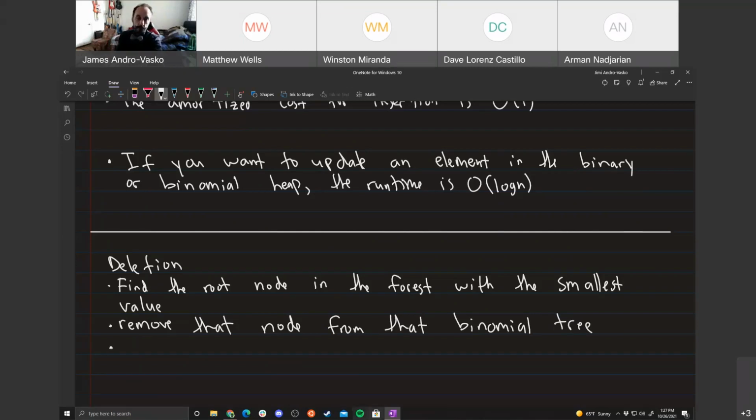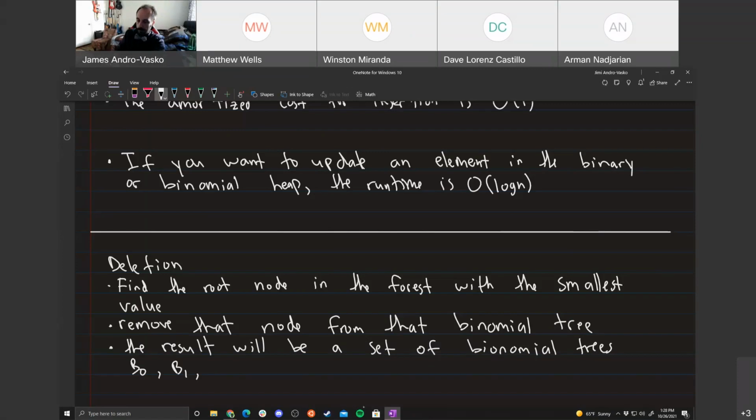And then removing from the binomial tree, the result will be a set of binomial trees B0, B1 to Bk minus 1.